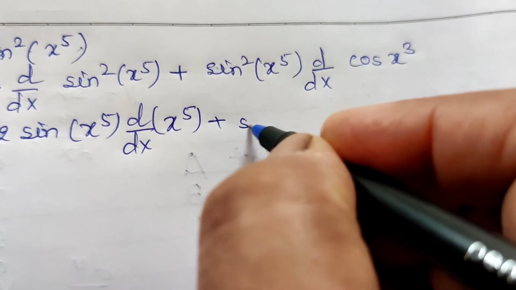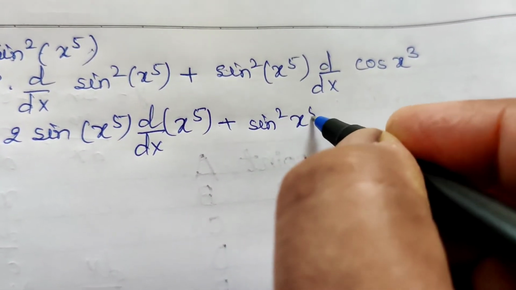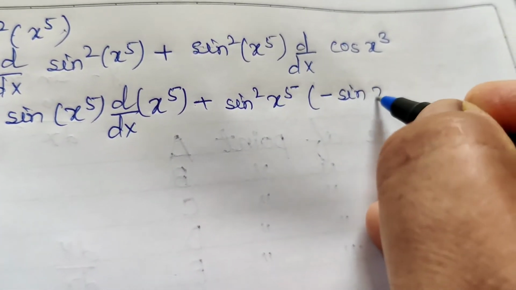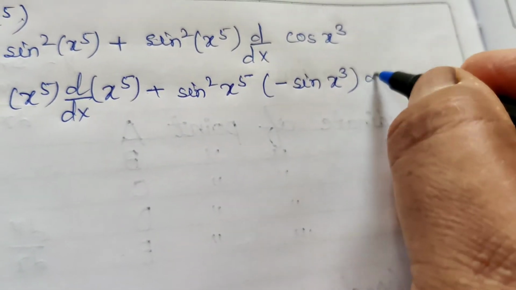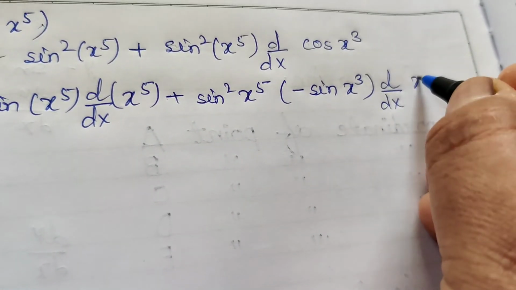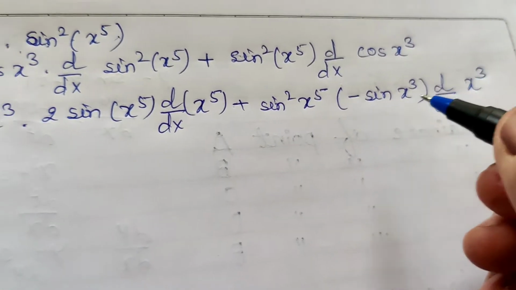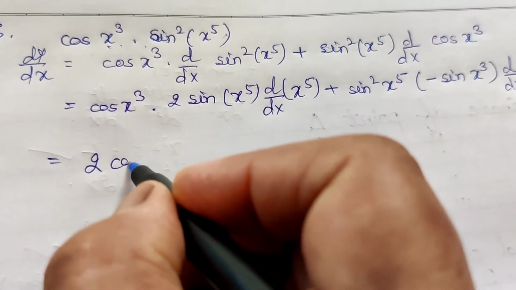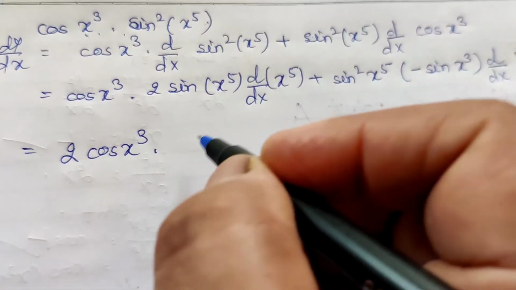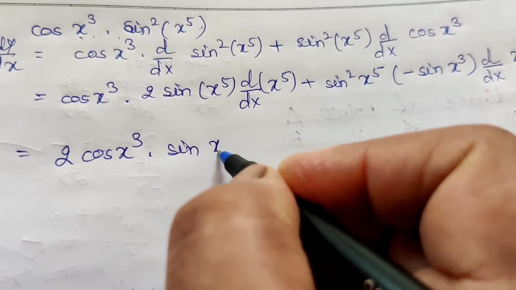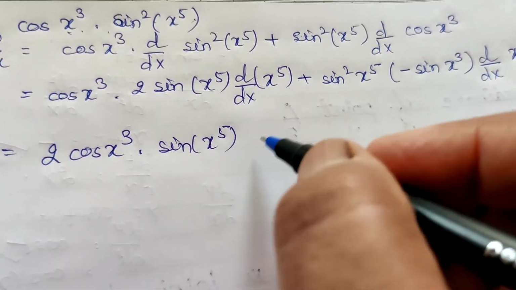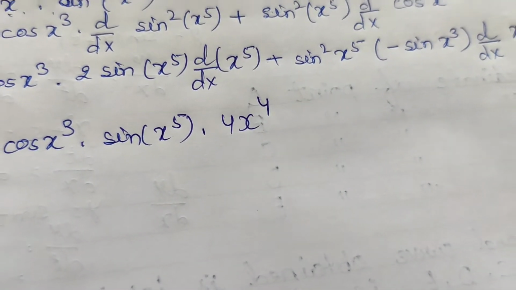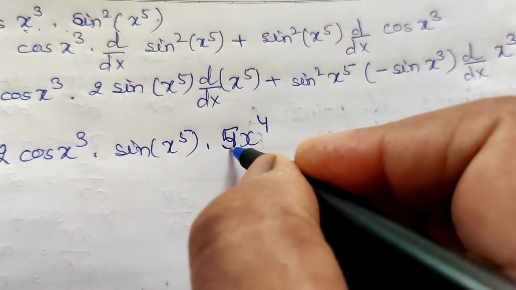In this sin square(x raised to power 5) and cos, it means minus sin(x cube), and differentiation of x cube. The term is 2 cos(x cube) sin(x raised to power 5), cos(x raised to power 5) into 5 x raised to power 4.